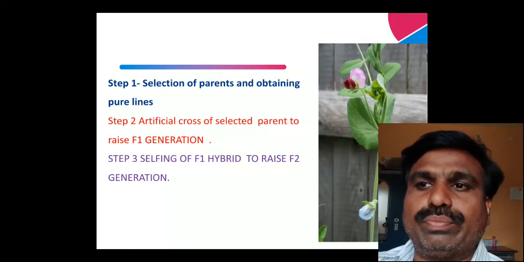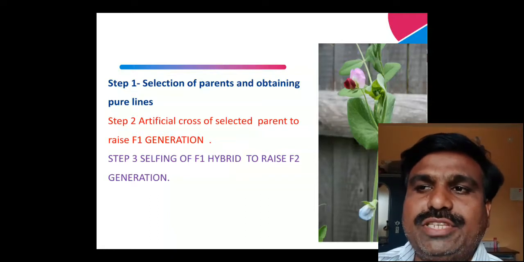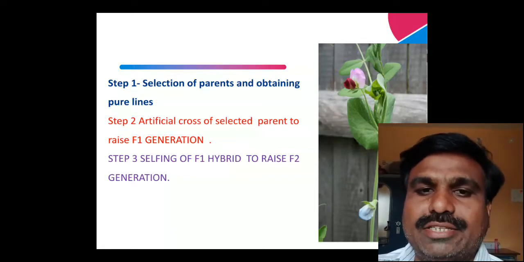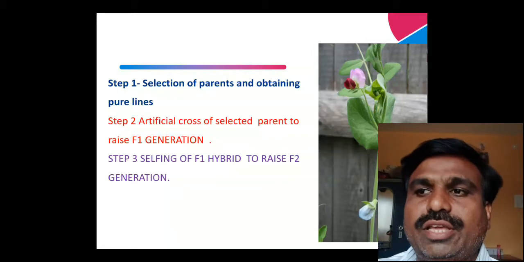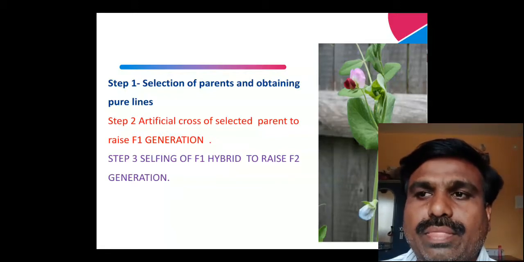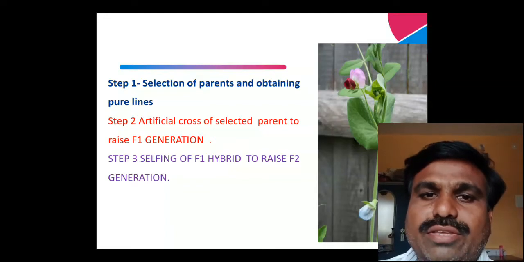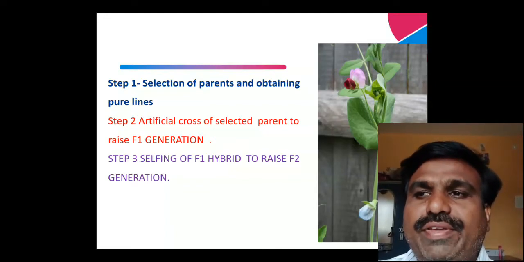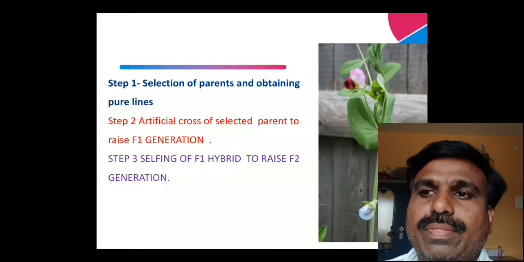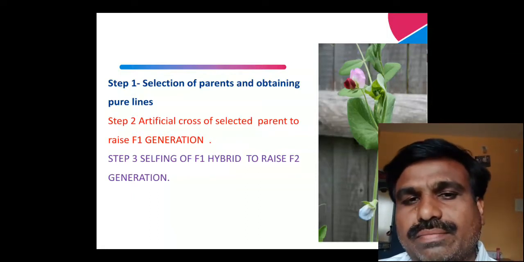Step 2 is an artificial cross of the selected parents to raise the F1 generation, and the third is the selfing of the F1 hybrid to raise the F2 generation.